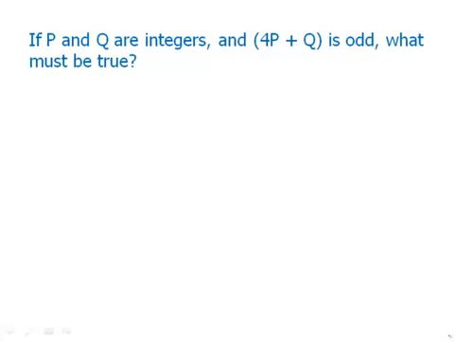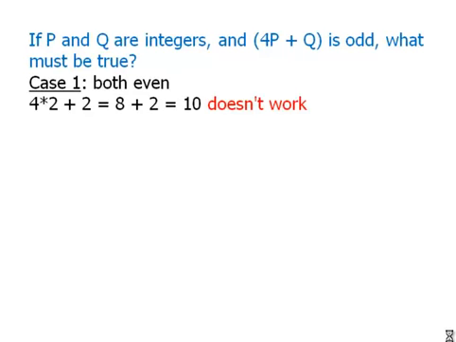If p and q are integers and the quantity 4p plus q is an odd number, what must be true? Let's start with the 4 case method. If they're both even, so we're going to plug in p equals 2 and q equals 2, we get 8 plus 2, which is 10, which is an even number.